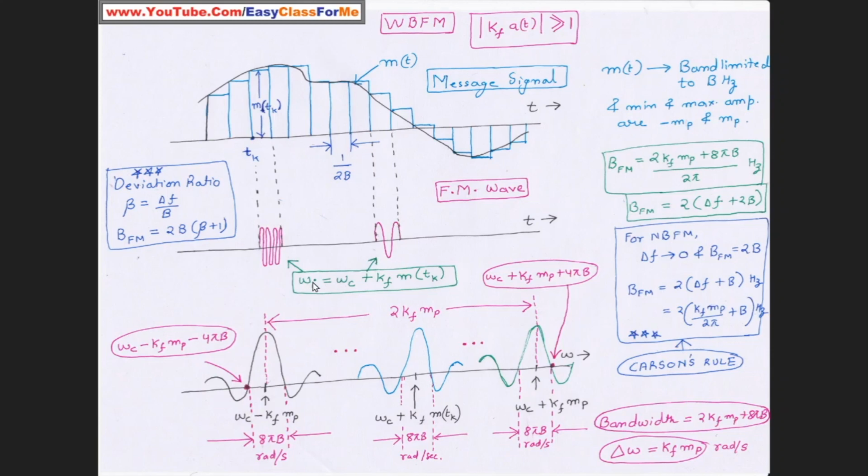And this can be seen by this particular equation. The instantaneous frequency is the actual carrier frequency plus kf into m(tk). What is this m(tk)? Let us consider this kth time tk, and this is the beginning of the kth cell, and whatever is the amplitude here is represented by m(tk). So this m(tk) can be positive or negative, or it can have a high or low value depending upon your signal, and that is how your instantaneous frequency in the frequency modulated signal will vary.